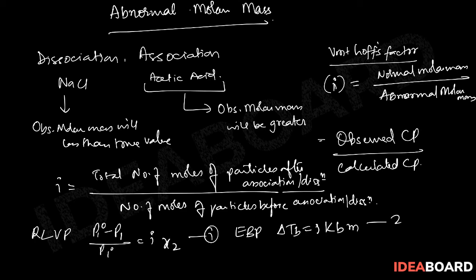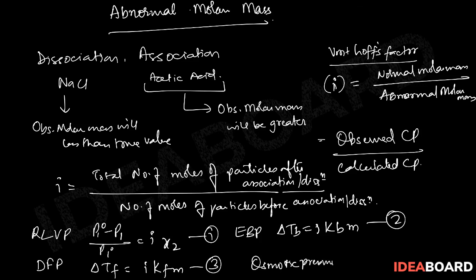This is the second colligative property. Similarly, depression in freezing point, delta Tf is equal to i into Kf into m. This is the third property. Then we have osmotic pressure, which is equal to i into CRT. So this is the fourth equation.